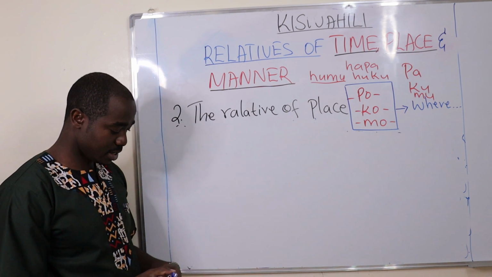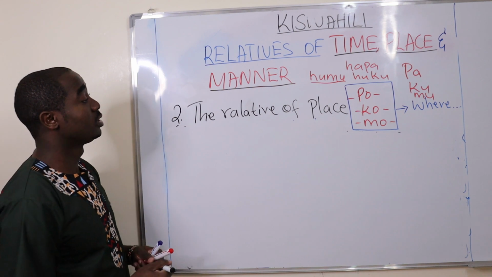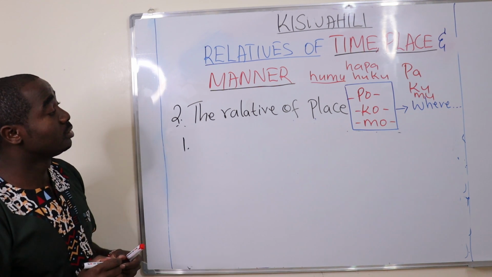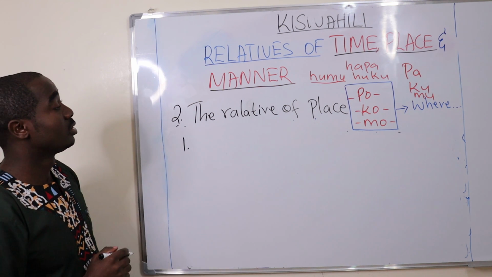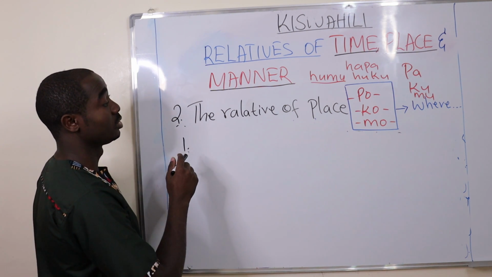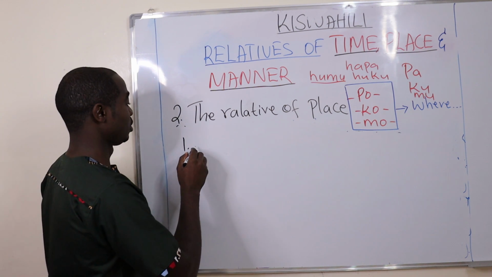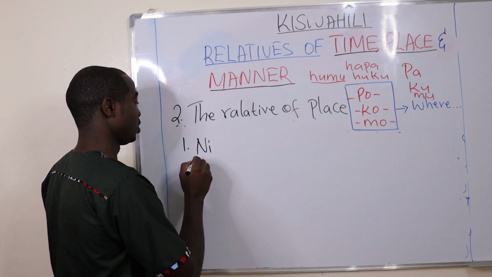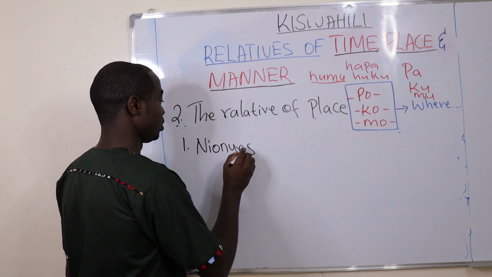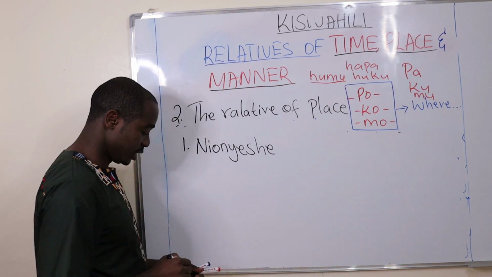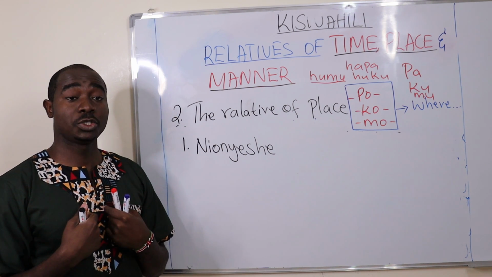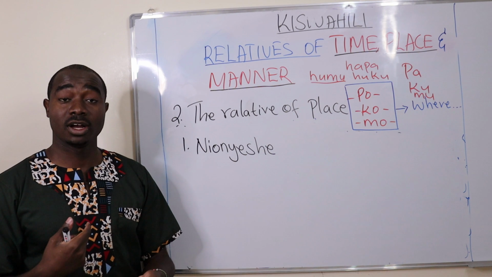We say like this, example 1 with this one. Moja. Place. Nionyeshe. Show me. The verb is kuonyesha.